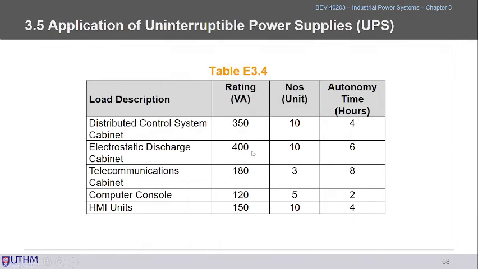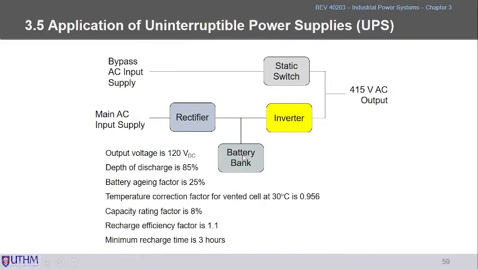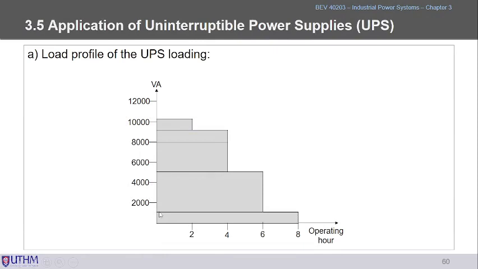So how much is the VA? It is 400 times 10 units, so that means it is 4,000 VA. From here to here is 4,000 VA, and so on. Then you can go back to the loads and see each of these loads.